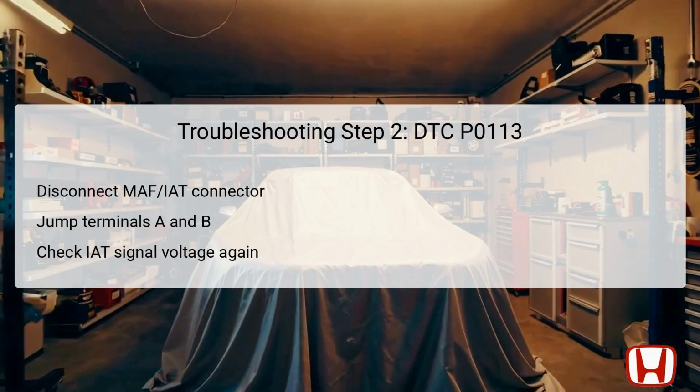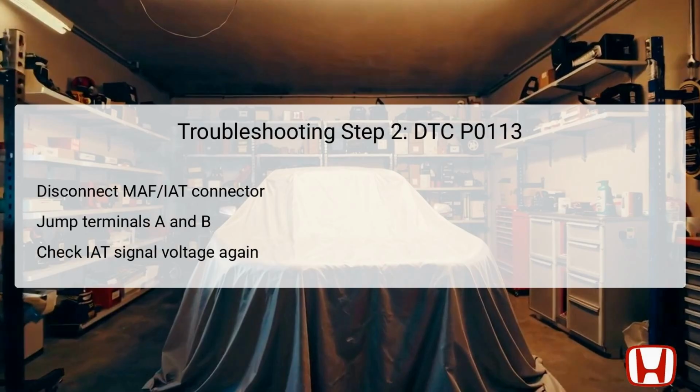In the second troubleshooting step, ensure the vehicle is turned off. Then, disconnect the MAF sensor IAT sensor 5P connector. This is a crucial move that allows for a clearer diagnostic evaluation. Next, you will need to connect terminals A and B of the 5P connector using a jumper wire.